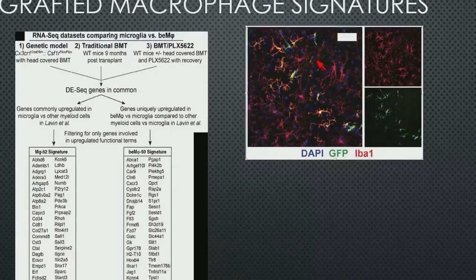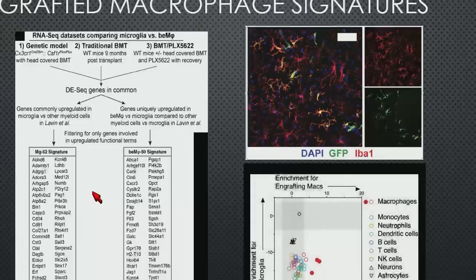You can see by immunohistochemistry that IBA1 is just a general macrophage marker, and the GFP in this experimental system is hematopoietic-derived macrophages. They look very similar, but we could use this signature to identify the two.